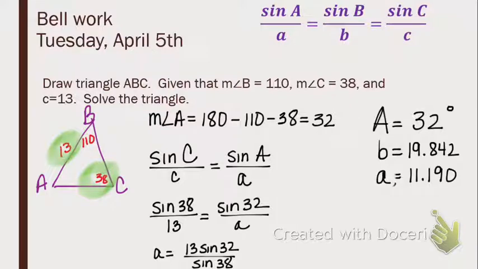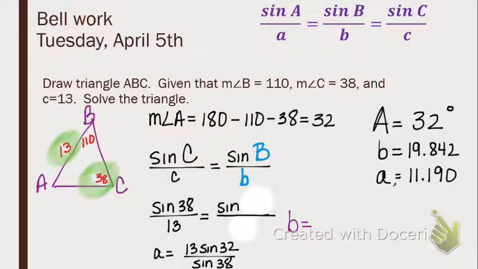And then for little b, same proportion, except now this becomes angle B and side B. So to find side B, go ahead and take that off.